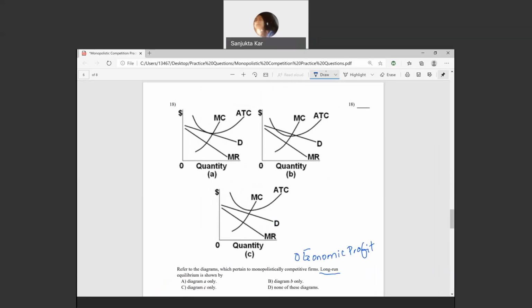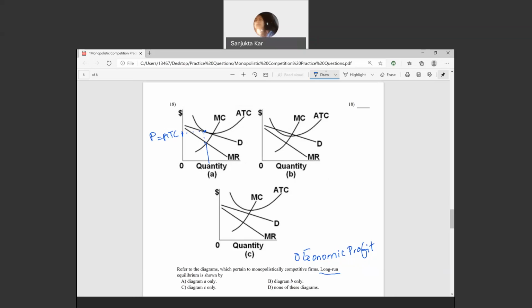Okay, take a look at the first graph here. The output will be here where MR is equal to MC. Now we can extend this all the way here. This is going to be the price, and this one is my average total cost. So the price is equal to average total cost. Do not make any confusion here.